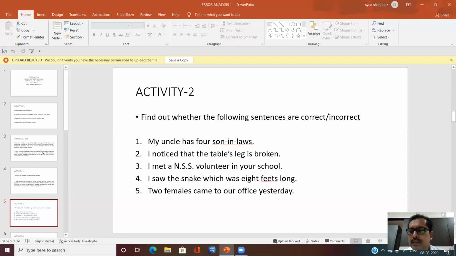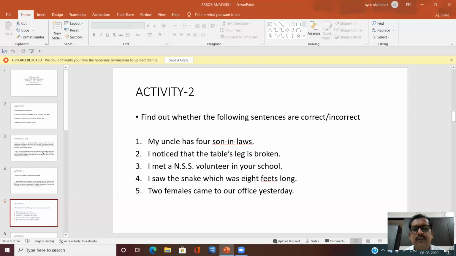My uncle has 4 sons-in-law. Incorrect. All the sentences are incorrect.